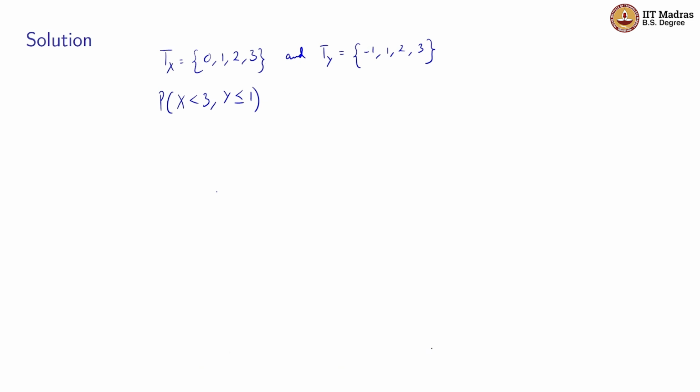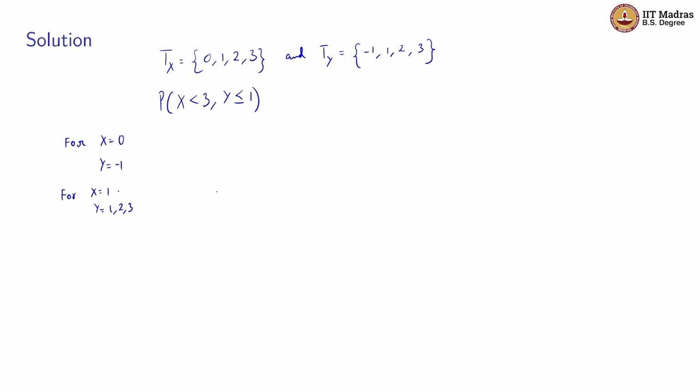So now let us try to find all possible XY pairs for which this condition is satisfied. For X equal to 0, what values can Y take? Y can take only one value and it is minus 1. For X equal to 1, Y can take 3 values, that is 1, 2, 3.